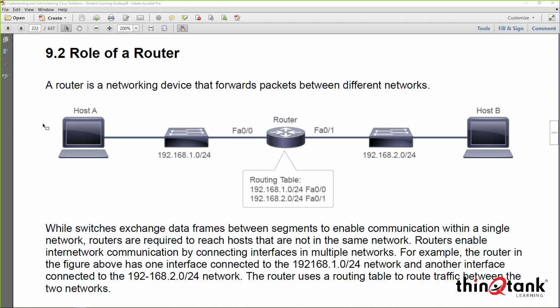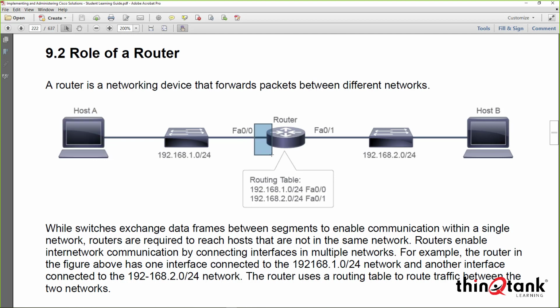So let's say, for example, host A here wants to talk to host B. All right? The source MAC address of the frame from host A is going to be the MAC address of A. The destination MAC address of the frame generated by host A is going to be the router's interface.